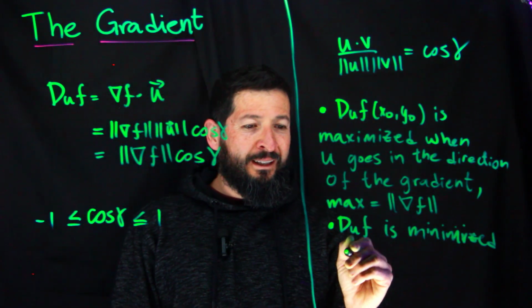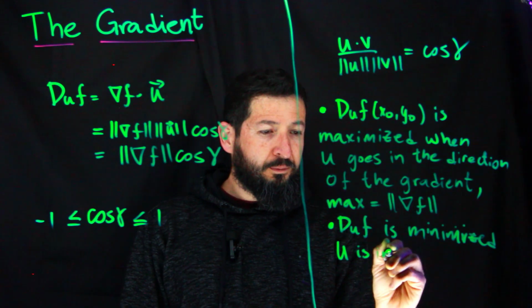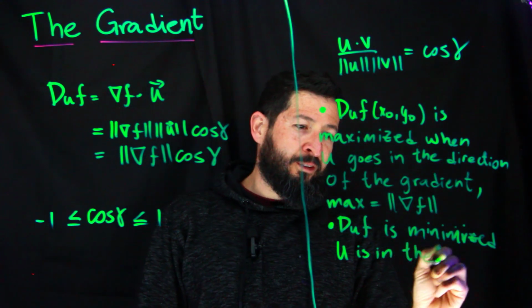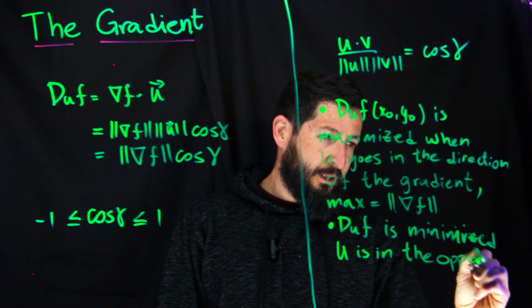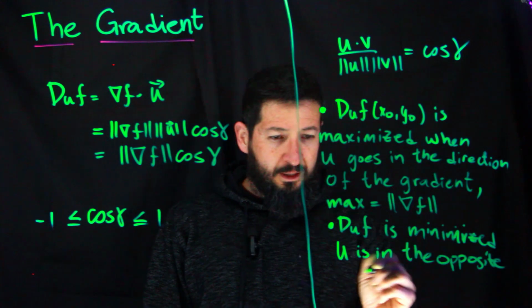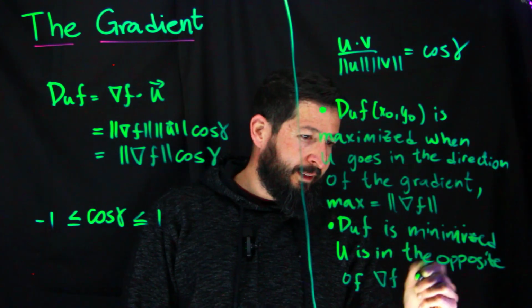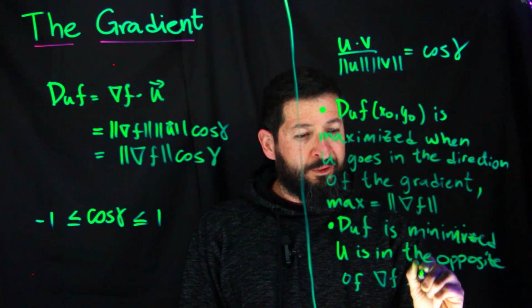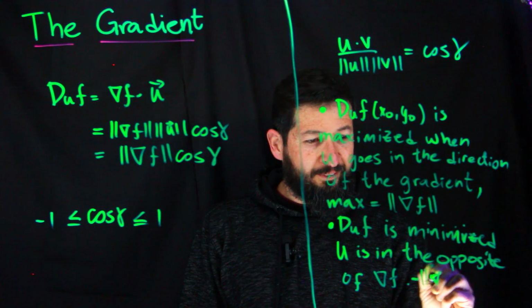And that is when u is in the opposite direction of the gradient. And at that point, the minimum of the directional derivative is going to be the negative of the magnitude of the gradient.